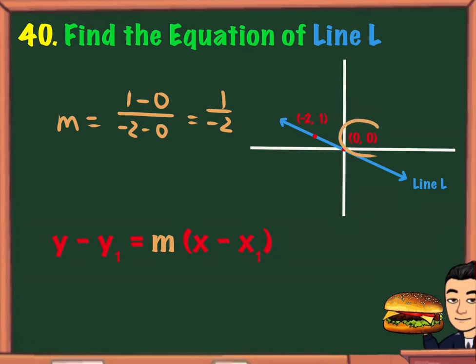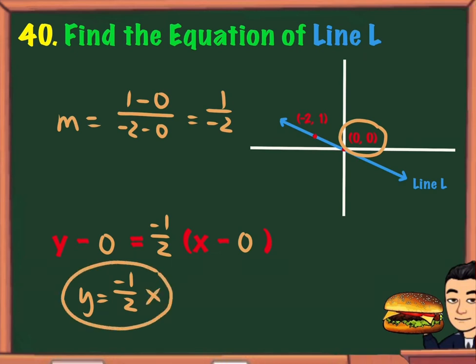If I pick (0, 0), I'm going to erase the x1 and put 0 in there, and erase the y1 and put 0 in there. We found the slope was negative 1/2, so just rewrite this as y equals negative 1/2 x. And that's going to be your equation.